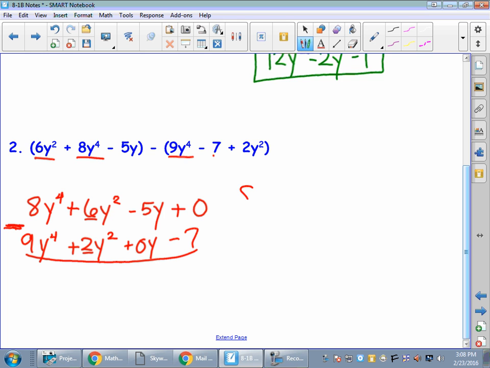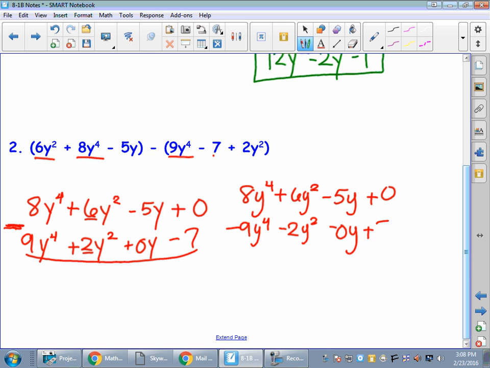So what you'd have is 8y to the 4th plus 6y squared minus 5y plus 0. And on the bottom, you'll have a negative 9y to the 4th, a negative 2y squared, a negative 0y, and a positive 7. And our operation will be addition.